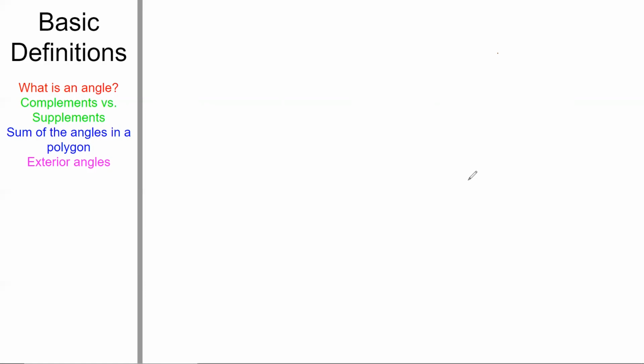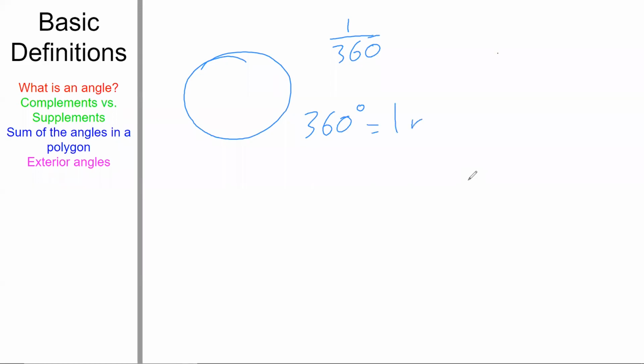So for example, if I draw a circle here, a degree is defined as 1 over 360 of this circle. So 360 degrees, and that's the notation for degrees, is equal to 1 revolution around the circle.